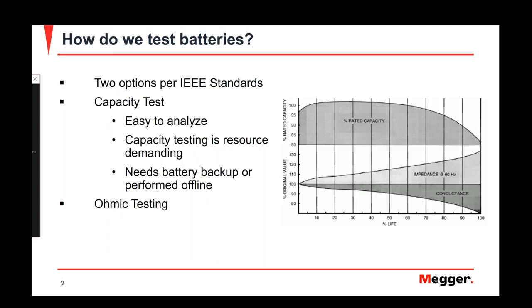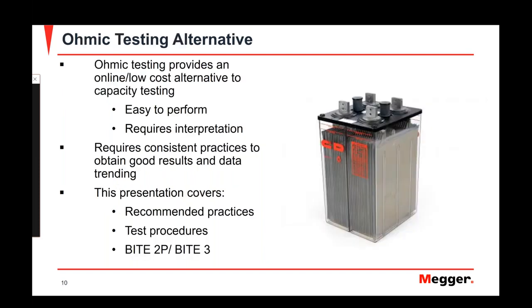However, we do have a second option to help fill that gap between capacity tests, and that's battery ohmic testing. Now, we can see in our graph over here that there is a correlation between the ohmic values that we would get and the capacity of a battery, and that's why we can use this method to help us evaluate the health of our batteries between those tests. Now, the ohmic testing alternative is a test that we can do online, and it's low cost in comparison to capacity testing.